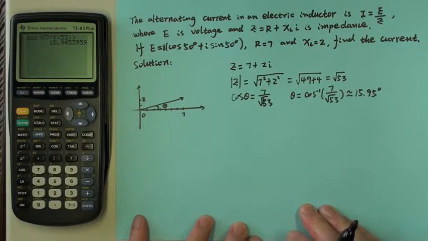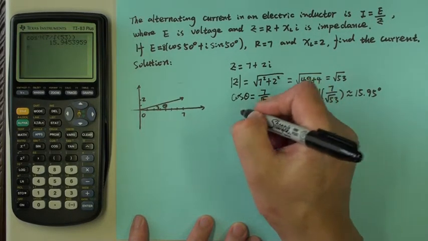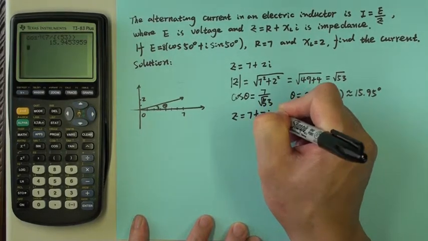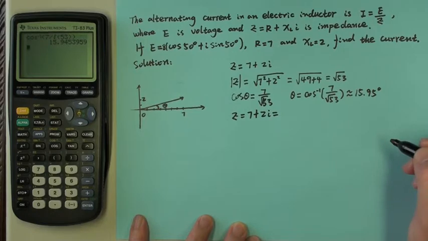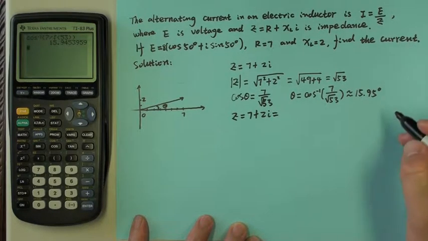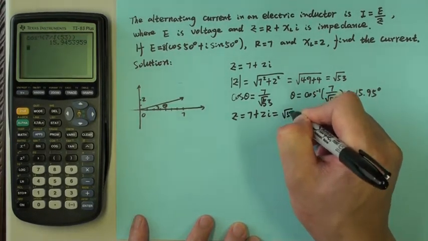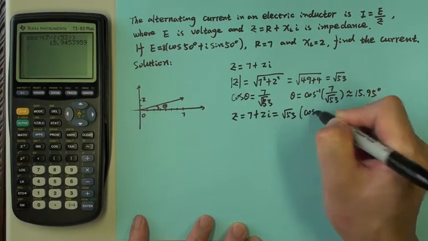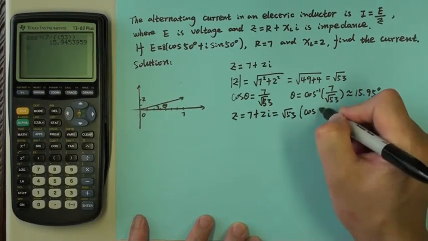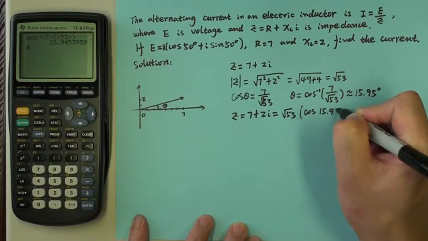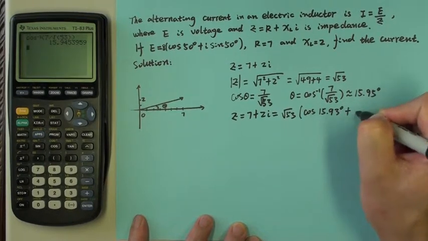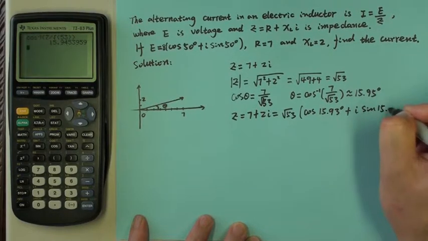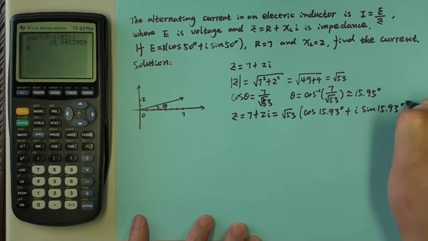After you get this, you can then convert this 7 plus 2i rectangular form into the trigonometric form, which is radical 53 times cosine 15.95 degrees plus i sine 15.95 degrees.